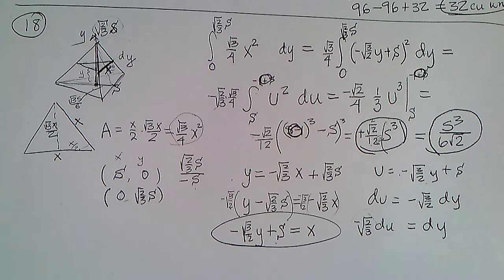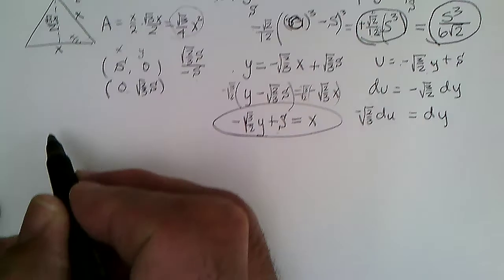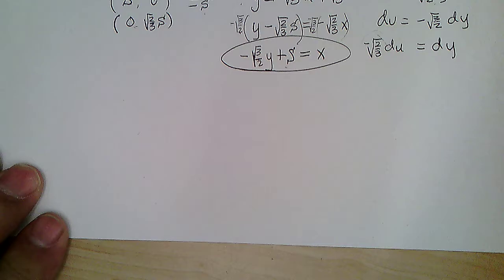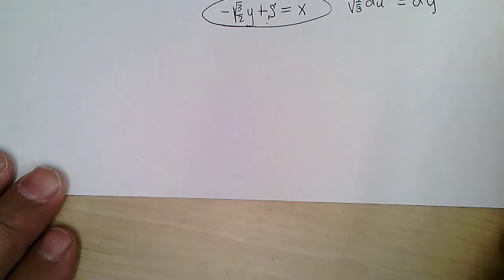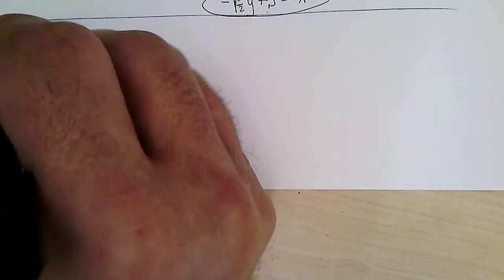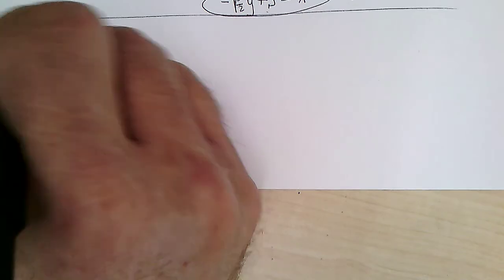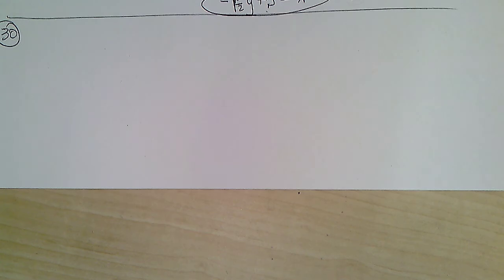Now let's do 30. Now 30 is a much simpler problem. It's just talking about gorillas in an area around a lake in a grassy area. And it has a formula for the radial density of the gorillas.